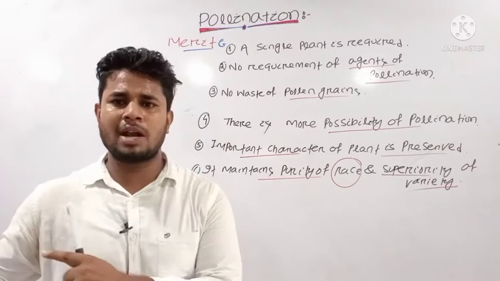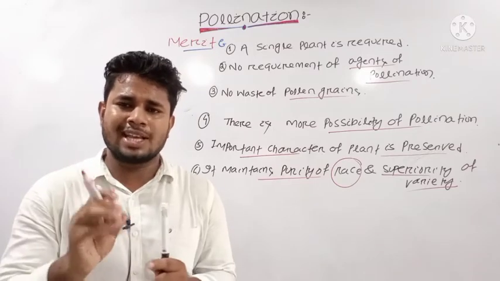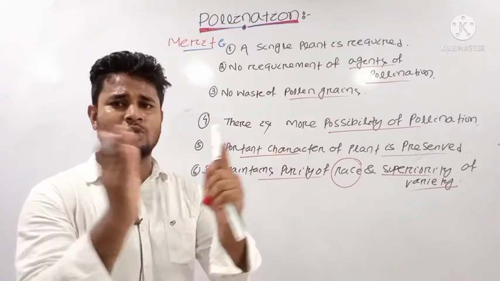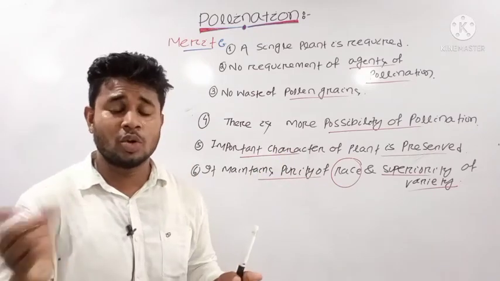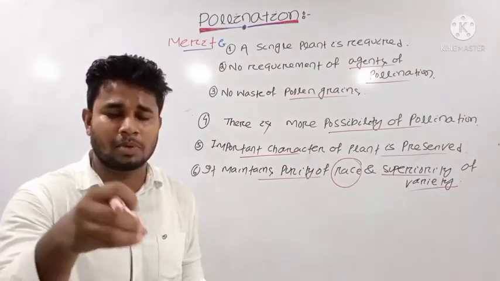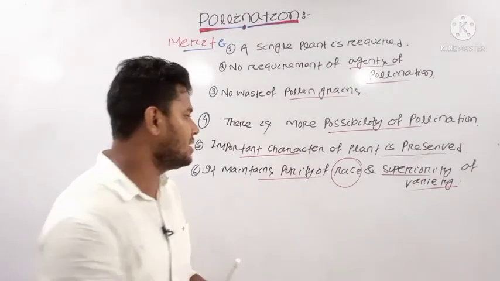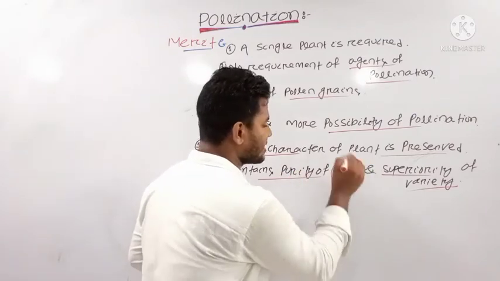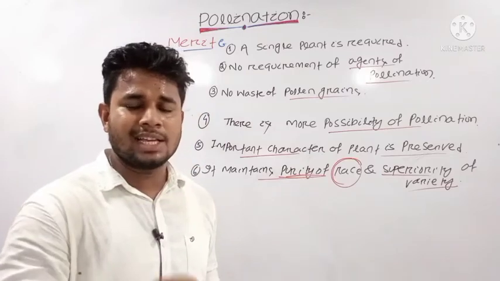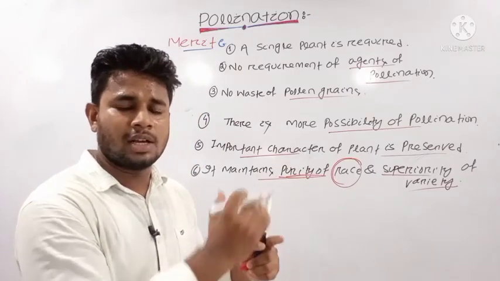When we take another plant from another environment, then the race of that plant is from another environment. When we combine those two plants, then it will be a cross pollination. But when we are taking a single plant from a single environment for a particular species, then that is known as your biological race, and it will maintain its purity because the new plant is produced from the previous plant.